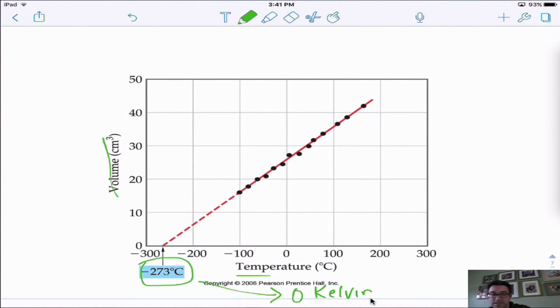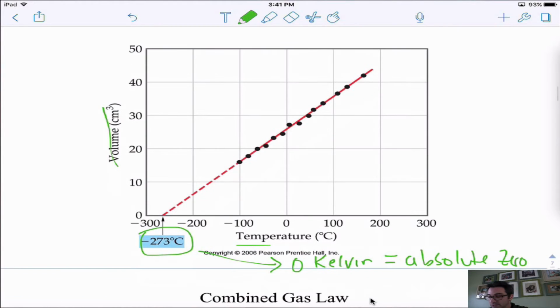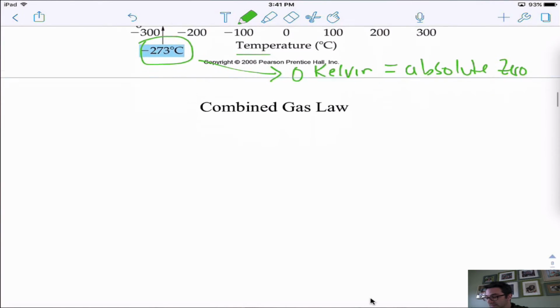So negative 273 degrees Celsius is 0 Kelvin. This is called absolute zero. This is the coldest temperature that is possible. We've never actually reached this temperature. We've come close, but we've never actually reached absolute zero as of yet.